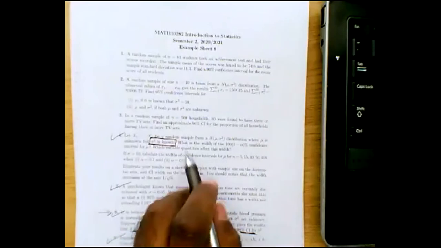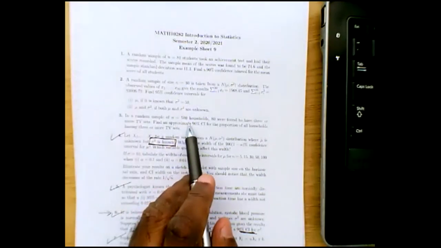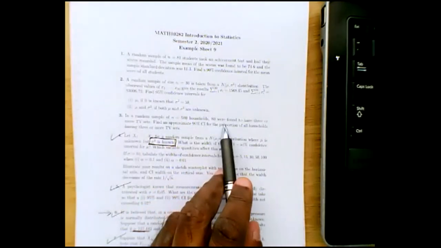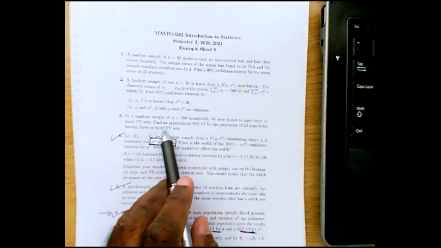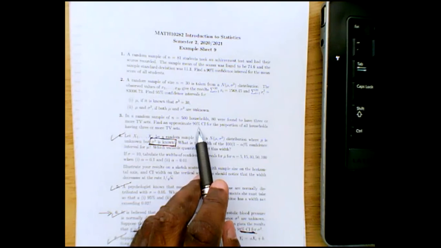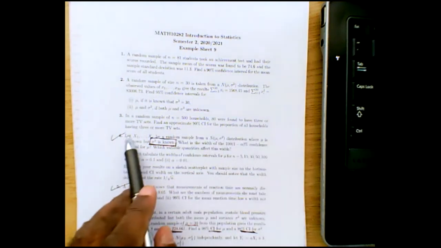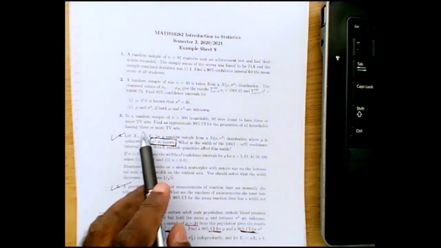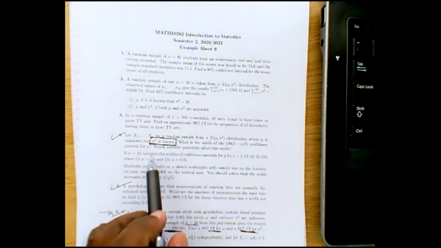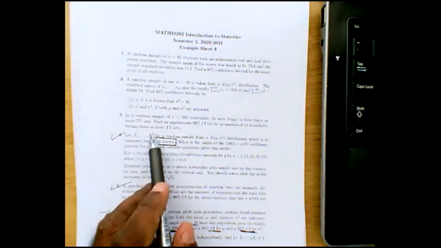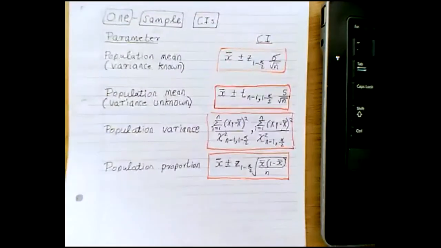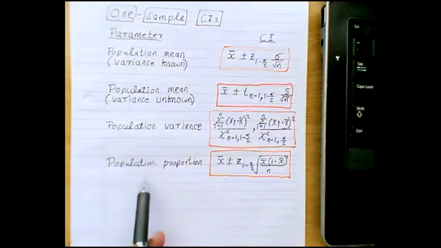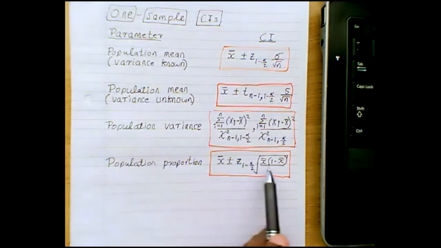Question 3 is this. You have a random sample of 500 households. 80 were found to have 3 or more TV sets. Find an approximate 90% confidence interval for the proportion of households who have 3 or more TV sets. In this case, the question is about proportions. So of these 4 different formulas, the one you need to use is this one.